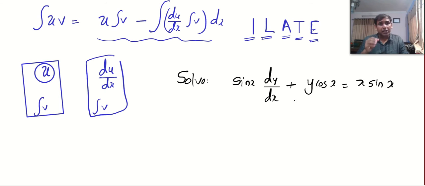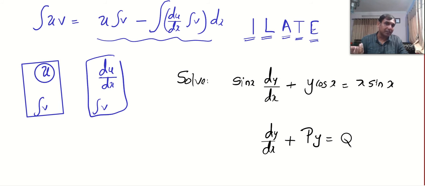Okay, now this equation looks linear, but it is not linear, because can you see, in the standard form I specified, it must be in the form dy by dx plus something into y is equal to something else. So basically I want dy by dx to have a coefficient 1.